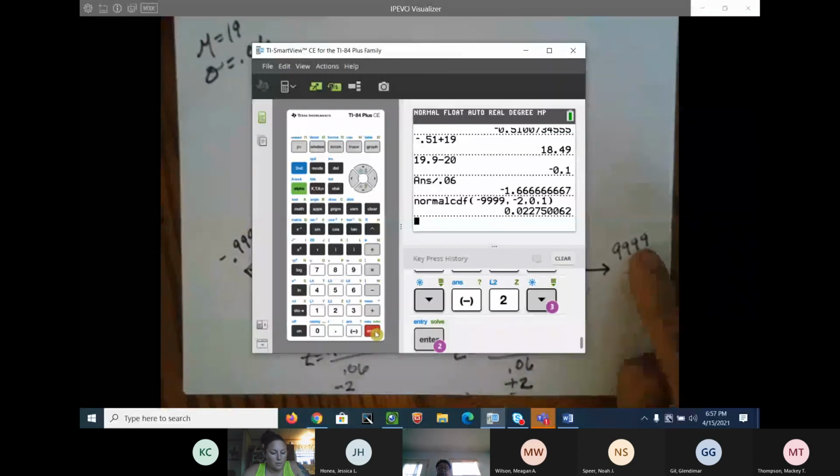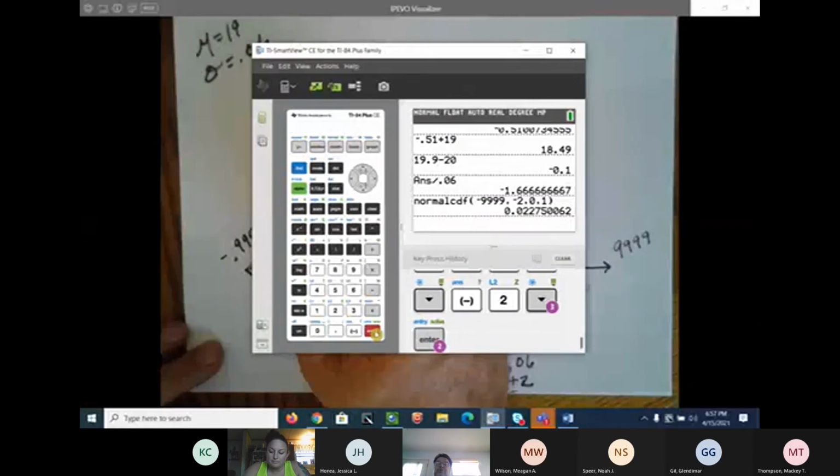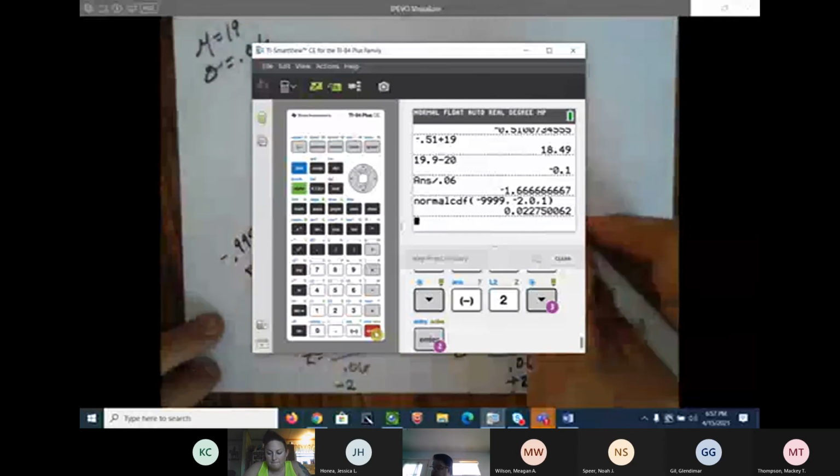We read from left to right. 0.0228. Same answer. That's what I wanted you to see.